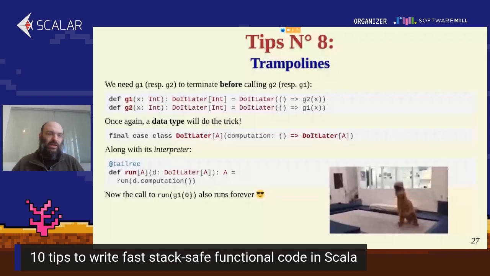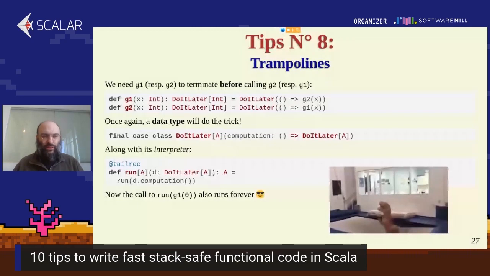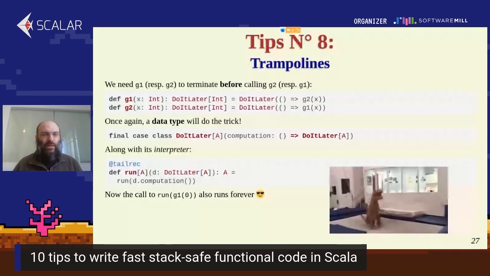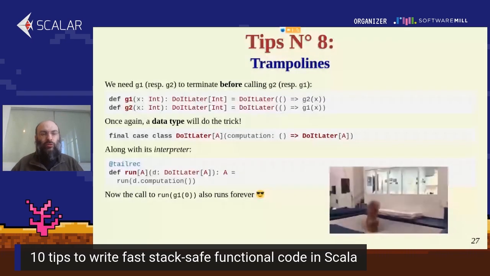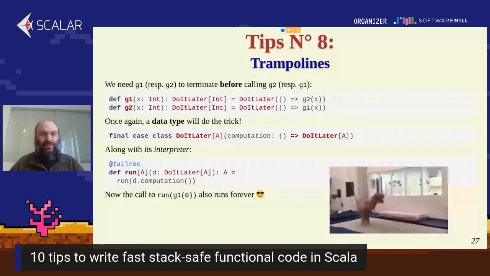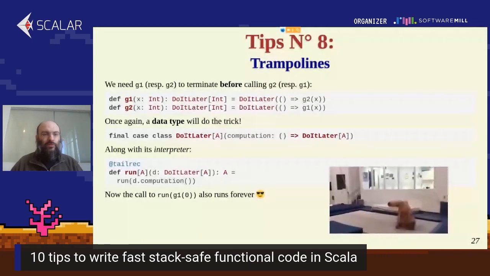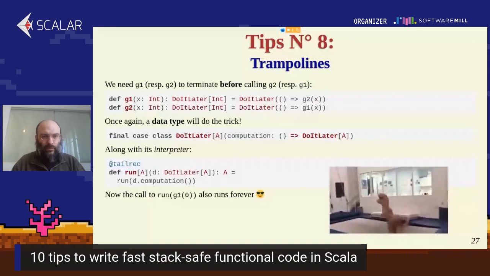So what is trampolining? The thing is, to avoid growing the stack more and more, what we need to do is to make the call to g1 or g2 to actually return before continuing. That's the trick. Because if g1 is calling g2 and g2 is calling g1 indefinitely, obviously the stack is growing, and at some point the stack is just exploding.